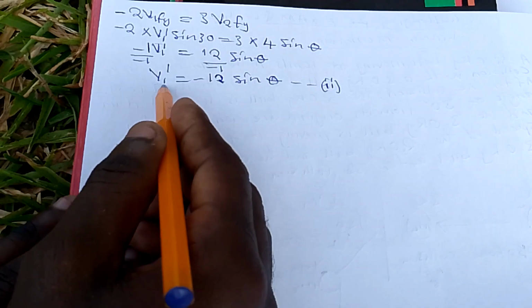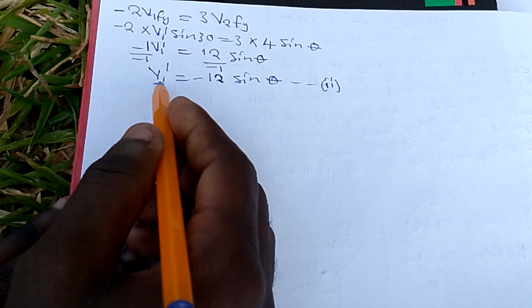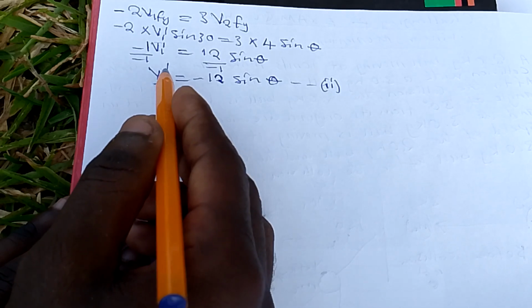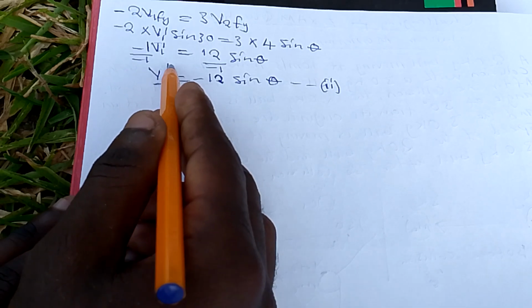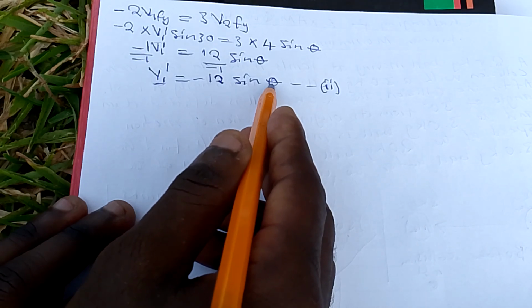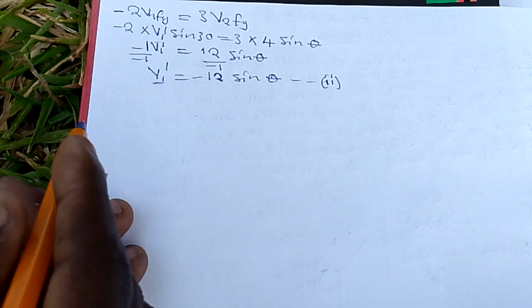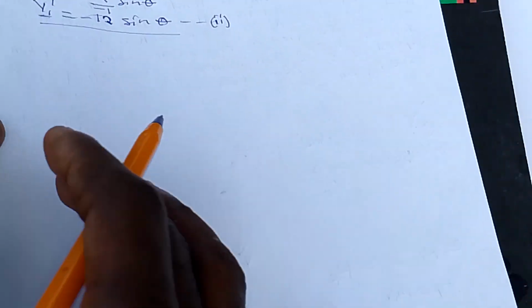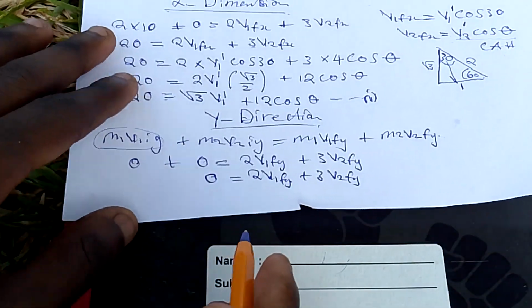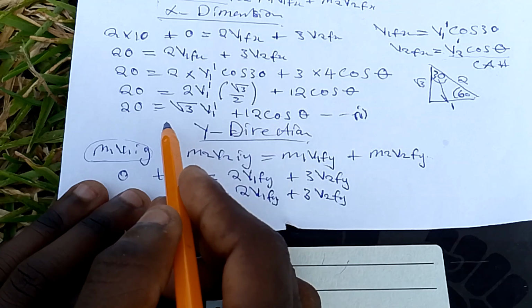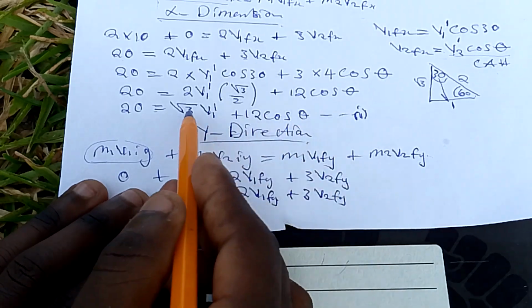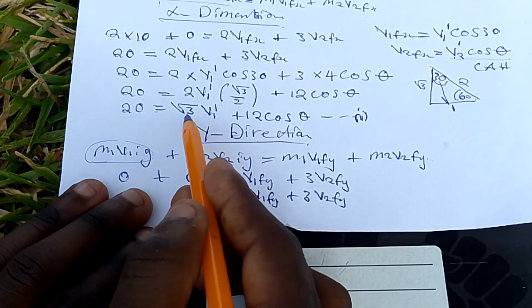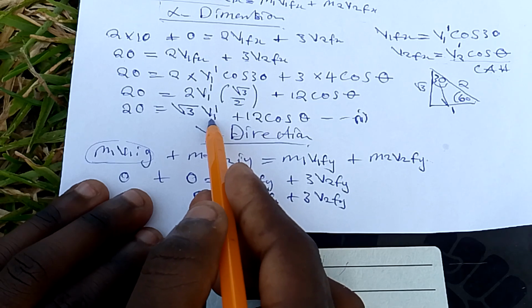Remember, our goal is to know what is V1 final, the velocity of the first ball after collision, and also the theta or direction for the 3 kg ball. That's our goal. We found this other equation, so we can solve them simultaneously to find theta and V1.